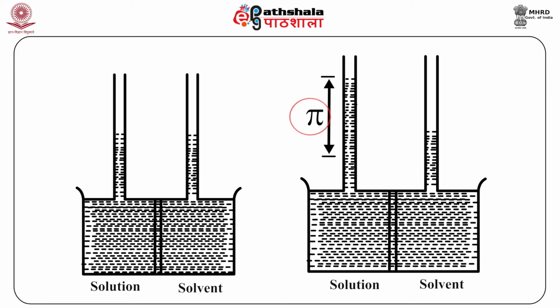This excessive hydrostatic pressure is known as the osmotic pressure of the solution and is represented by the symbol pi. Thus, osmotic pressure arises because of the equilibrium between the solvent in solution and the pure liquid solvent. The figure depicts the phenomena of osmosis and the generation of osmotic pressure.